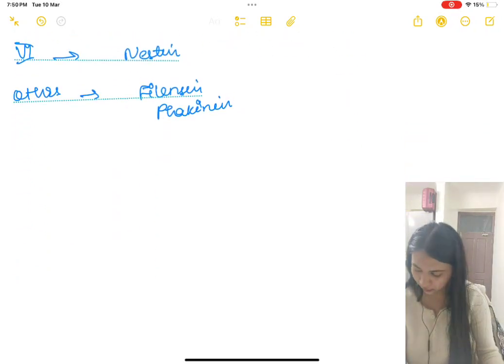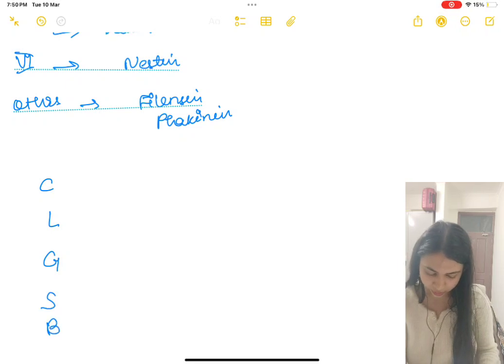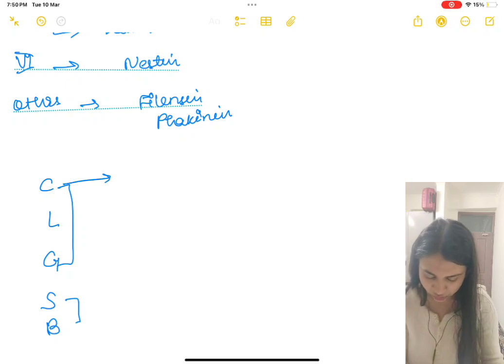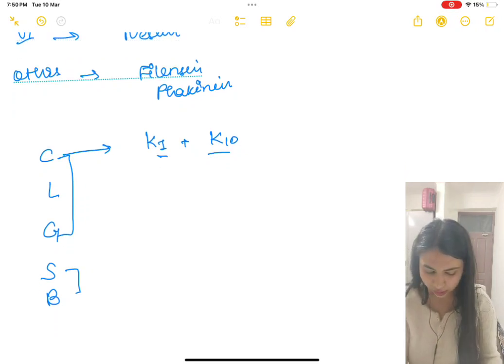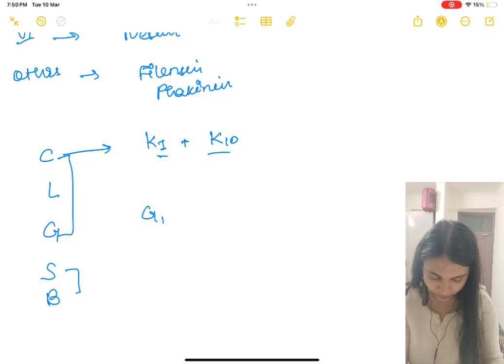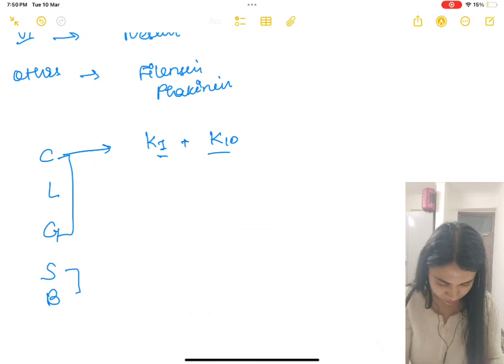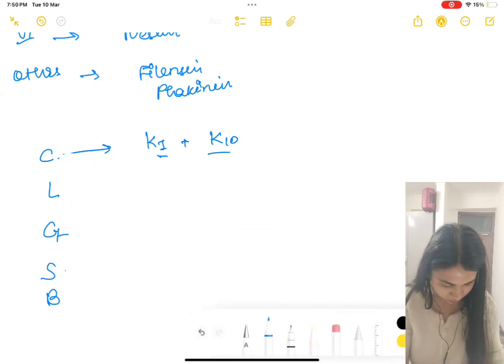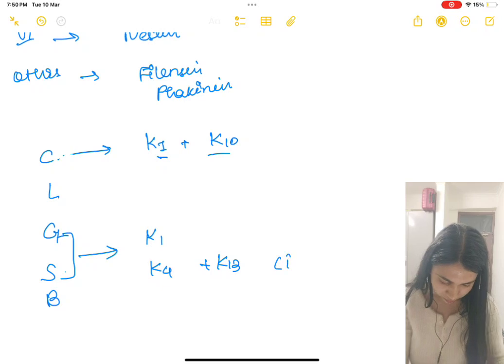Now you have the layers of the epidermis: stratum corneum, lucidum, granulosum, spinosum, basale. You can remember this as college SB. Firstly the corneum layer: which keratin does it have? K1 plus K10, present in your stratum corneum, the horny cell layer. Then in granulosum and spinosum there is K4 plus K13 in mucosa.